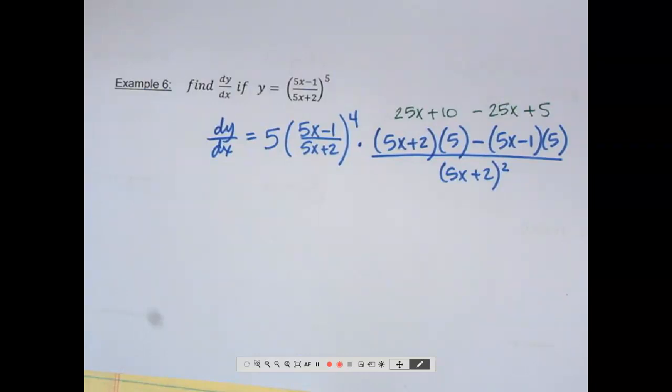The quotient rule has to stand off on its own. I'm not raising this to the 4th power, just that one is to the 4. I thought the quotient rule was the derivative. It is, but you're not raising the derivative. We had to find this derivative and multiply it. Basically, this whole thing is like that number, but this one's just simple. You see what I'm saying? No, but it's okay.